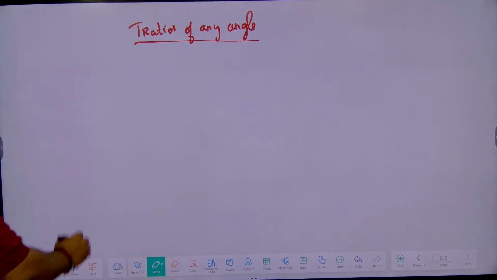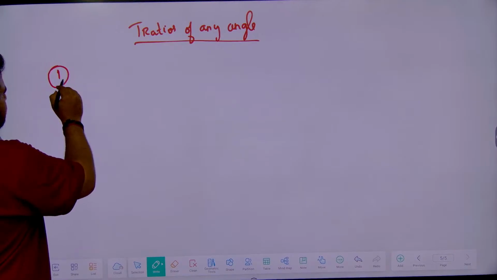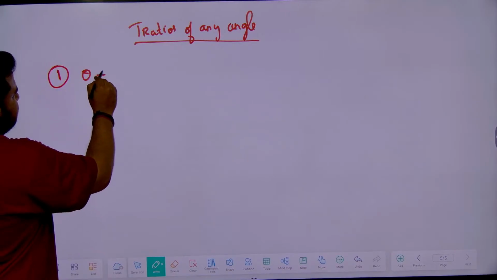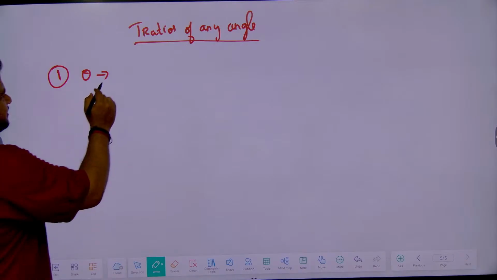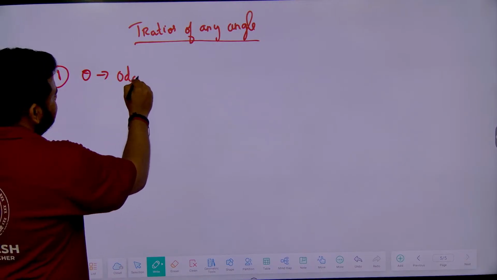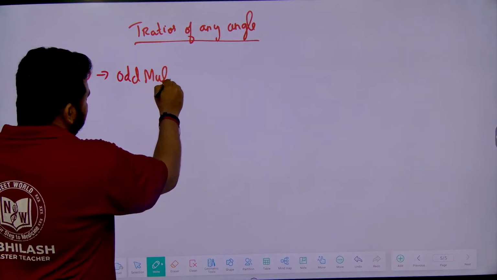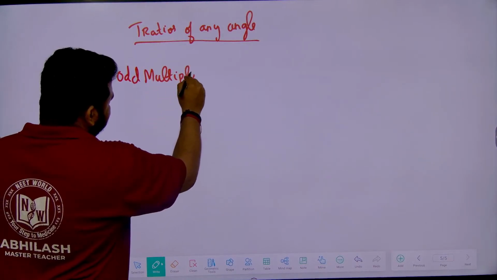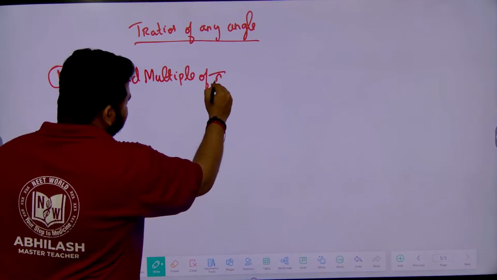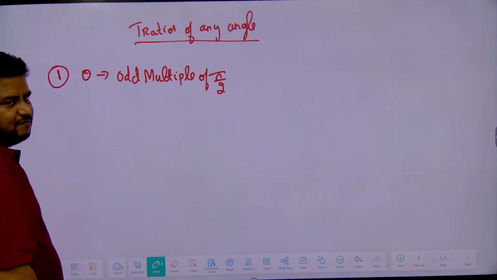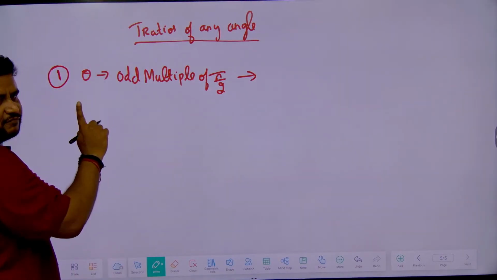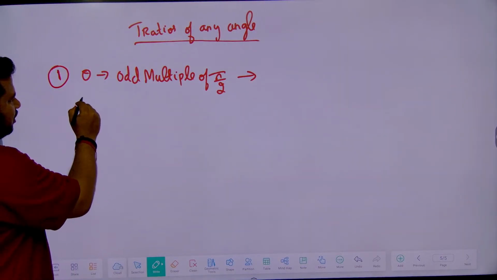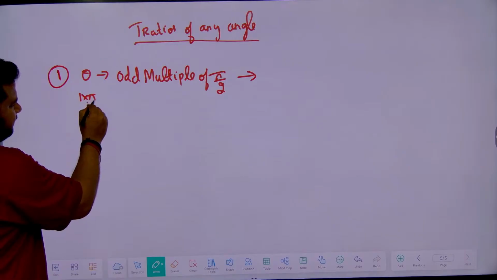For that, first thing is, if theta is an odd multiple of pi by 2, I'll tell you what it is. Odd means 1, 3, 5, 7, like that. 1 into pi by 2 is pi by 2 only.